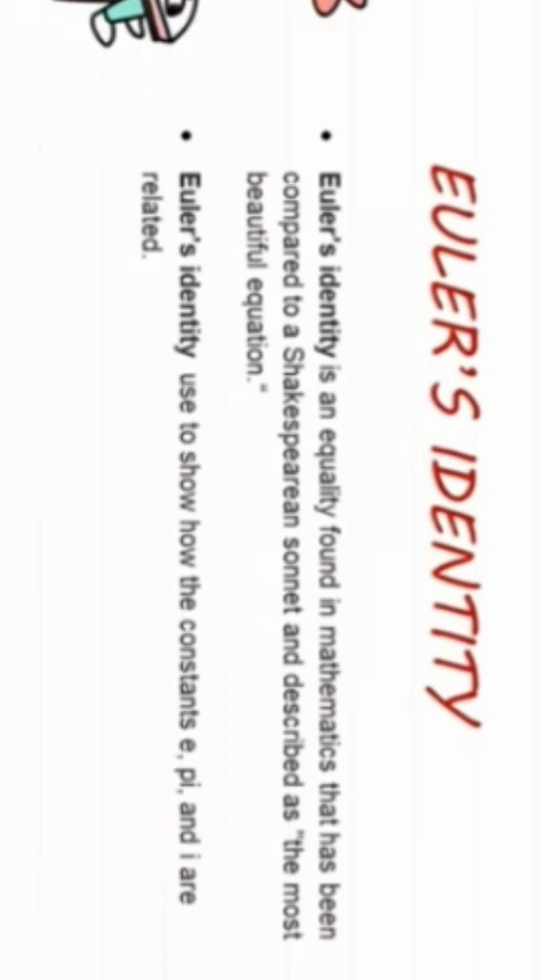Euler's identity is an equality found in mathematics that has been compared to a Shakespearean sonnet and described as the most beautiful equation. Euler's identity is used to show how the constants e, pi, and i are related.